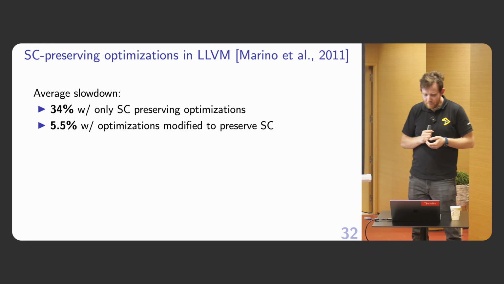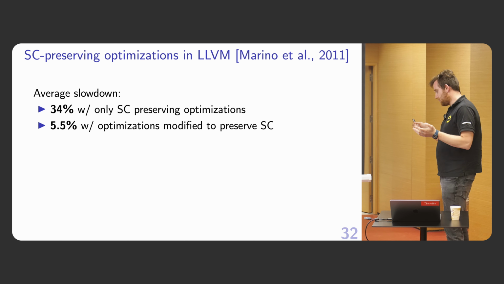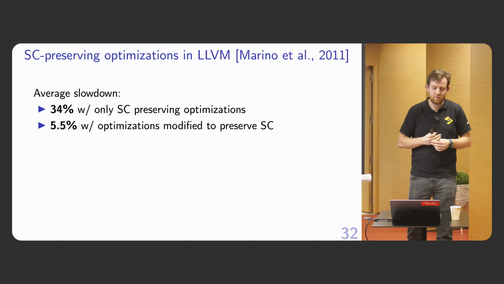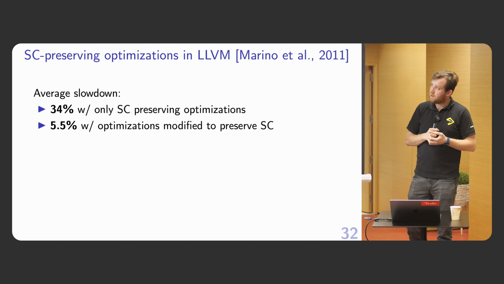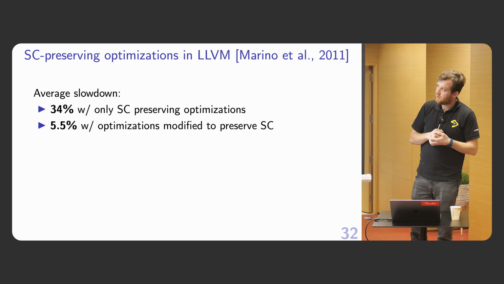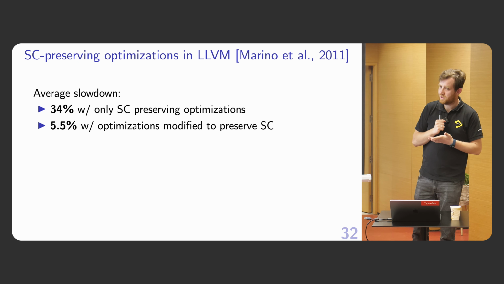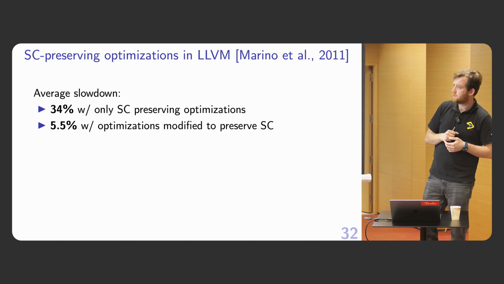Okay. Right. So as we saw, some optimizations are disallowed by sequential consistency, but maybe they are not that important, right? So there was some paper which tried to check how much we lose by forbidding optimizations which break sequential consistency.